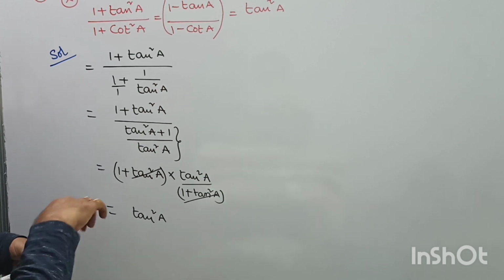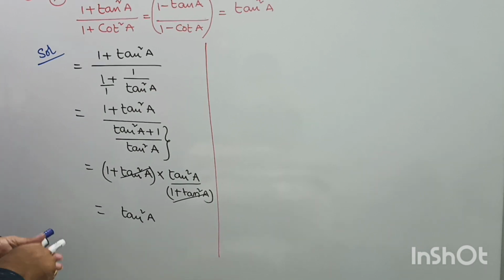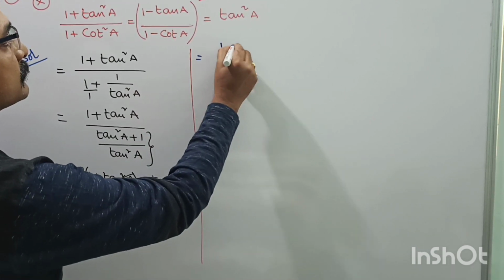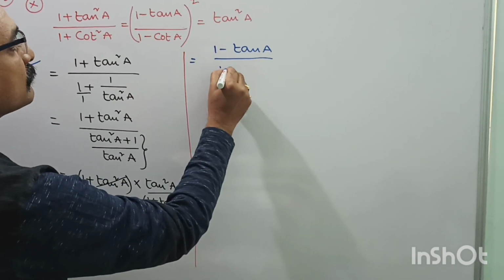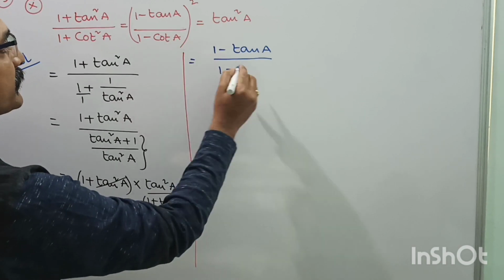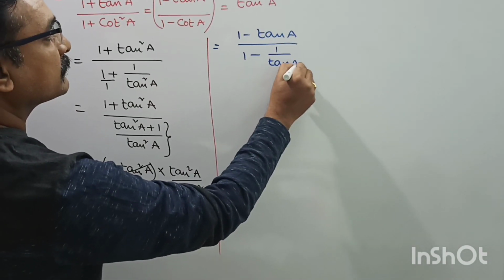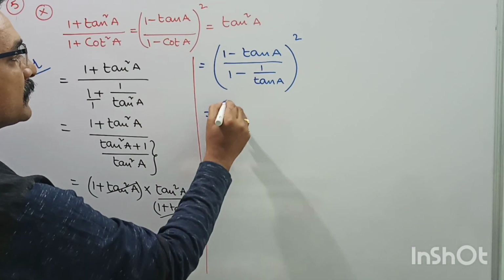Now we can take here the second part. You take it in this: (1 − tan A) by 1 − cot A, again replace cot A with 1/tan A, whole square.